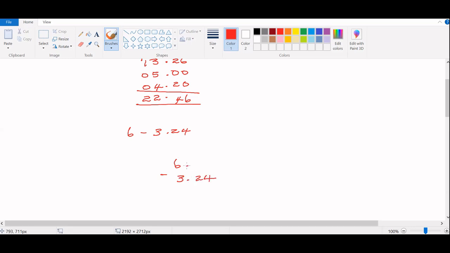So we can just fill in the point here. There's nothing in our decimal column, so we fill that in with zeros.